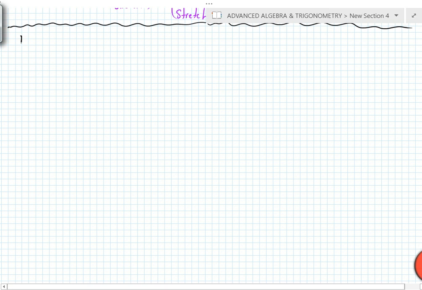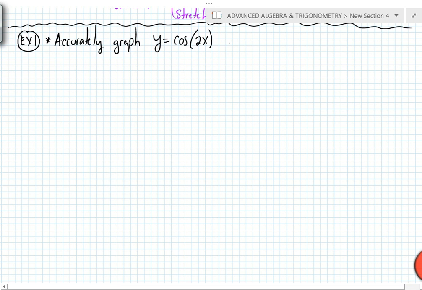So for the first example, example 1, directions: accurately graph y equals the cosine of the angle 2x with at least 1 cycle. So it needs to complete at least 1 period so we see an entire picture.